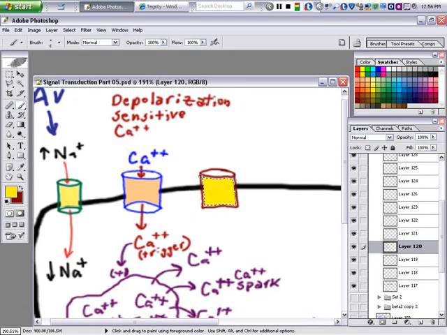So what would be a good cation to throw outside of the cell? Anybody have any idea? There's no way you would figure that one out. So sodium comes in, so let's push out something else that has a positive charge. Let's push potassium out of the cell. That way the cell won't be so positive on the inside.